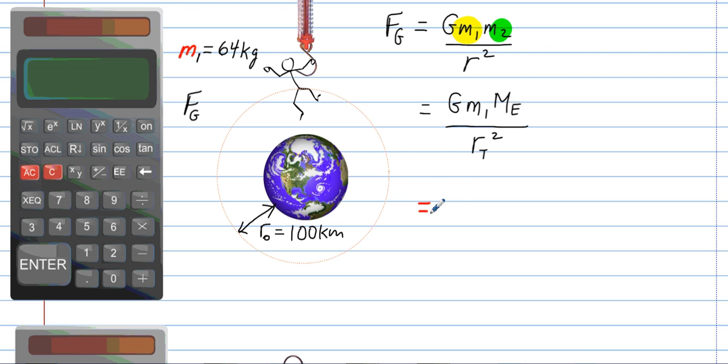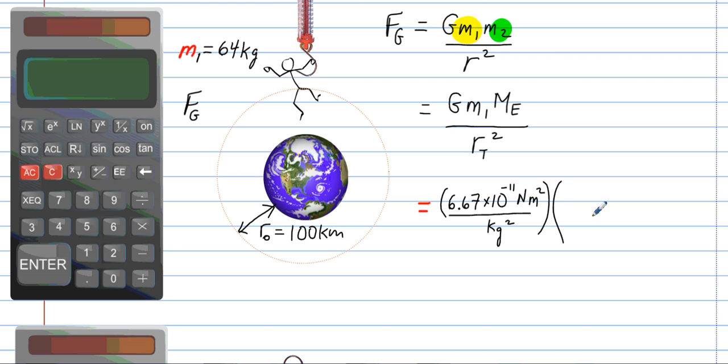We line up our equal signs and we now substitute in our known values. As I mentioned before, the value for G is 6.67 times 10 to the exponent minus 11, and the units are Newton meters squared divided by kilograms squared, and that will be times the mass of the person.